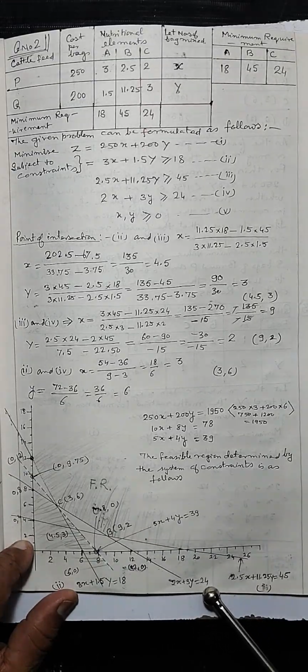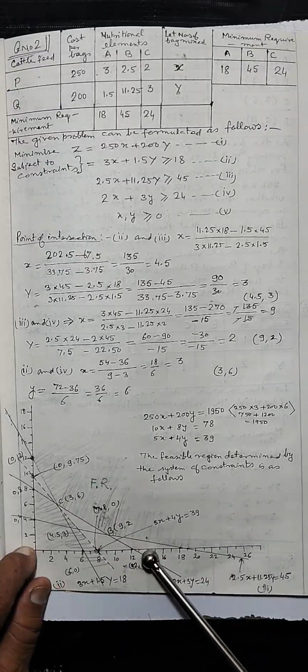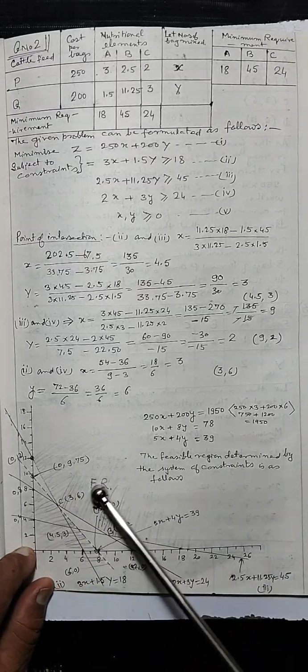Here 2x plus 3y is equal to 24. Draw the graph, and according to the inequations we just draw the lines.